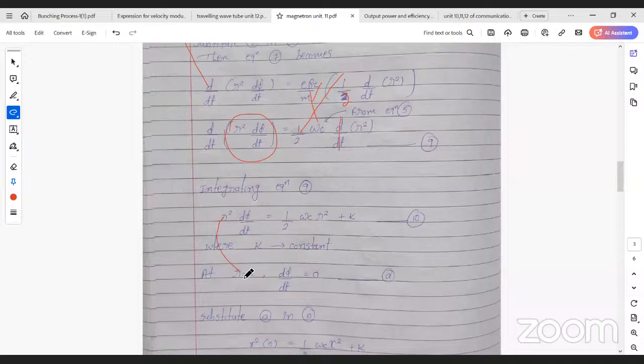In equation 10, I imagine r as x and keep d phi by dt equal to 0. At that time, what happens?